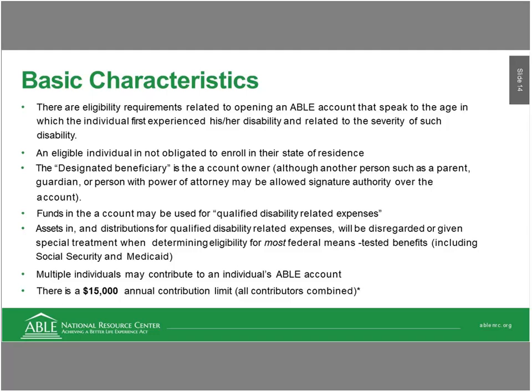Now, there may be an exception to that, provided that the individual has employment, but we can talk about that a little later, and that's a change that has recently happened, and ABLE programs are in the process of implementing that. But for now, what's important to know is that there is an annual contribution limit and that it's currently set at $15,000 and that that's all contributors combined.